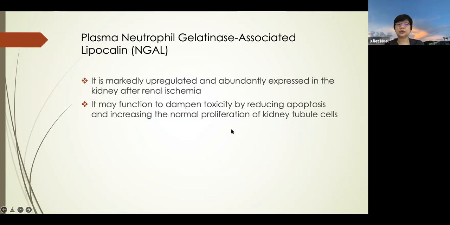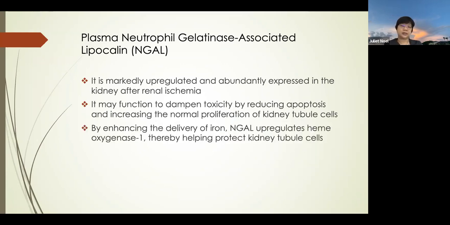It may function to dampen toxicity by reducing apoptosis and increasing the normal proliferation of kidney tubular cells. So by enhancing the delivery of iron, the NGAL upregulates the heme oxygenase 1, thereby protecting kidney tubules. So that's why the NGAL is found in the urine of patients who have AKI.